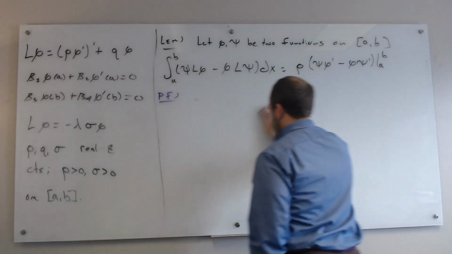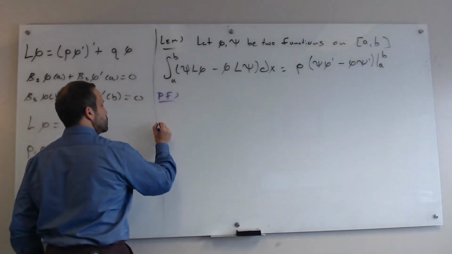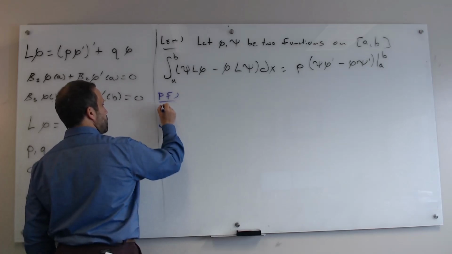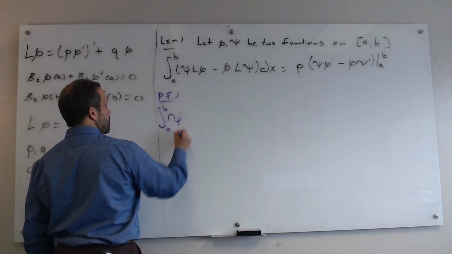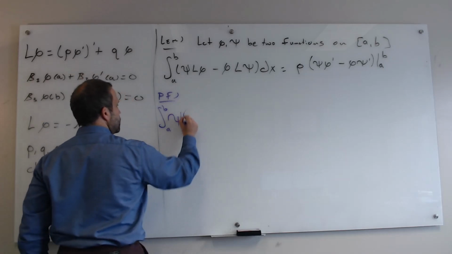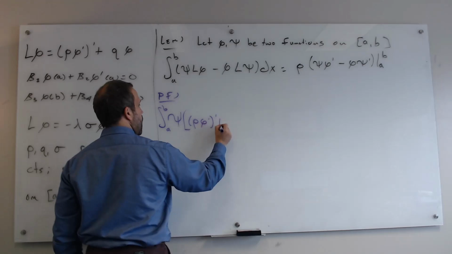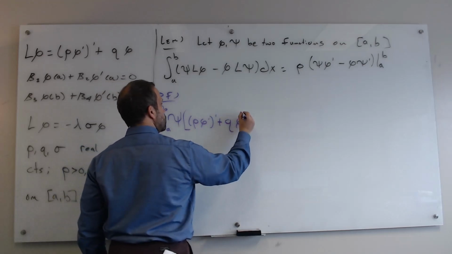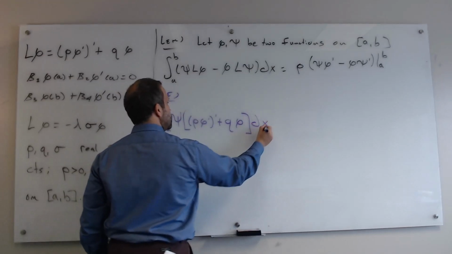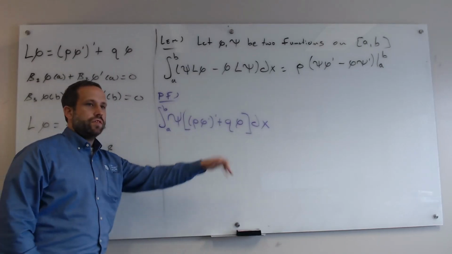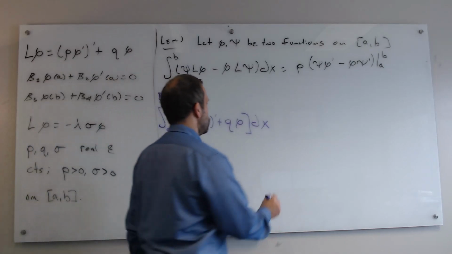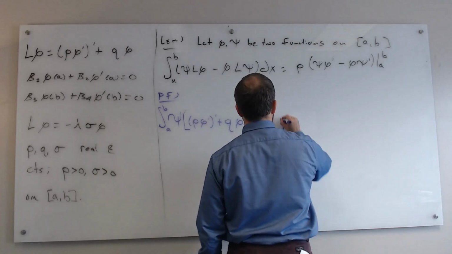I'm just going to rewrite this but smaller. So we're looking at the integral from a to b of psi times (p phi prime prime plus q times phi) dx. I'm going to distribute the psi to both of these terms and split it into two integrals. For now, I'll combine it back into one integral in a moment.